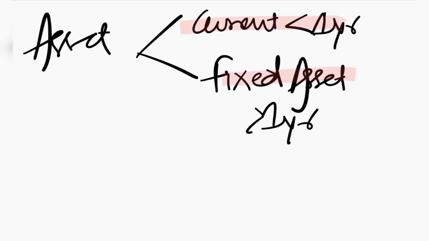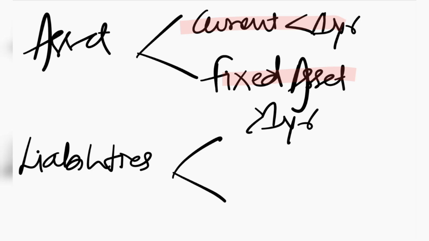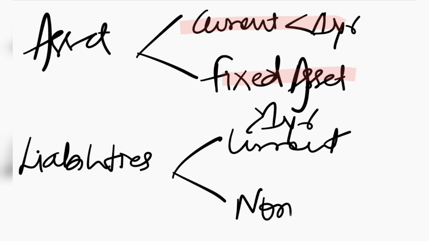And current assets are those which are used for a short term period, like a year, and then they are converted into cash. Next, we studied about liabilities. Liabilities in simple terms are the responsibilities of the business which they have to settle. Again, there are two types: current liabilities and non-current liabilities. Current liabilities have to be settled within a year, in a short term period, like our creditors.